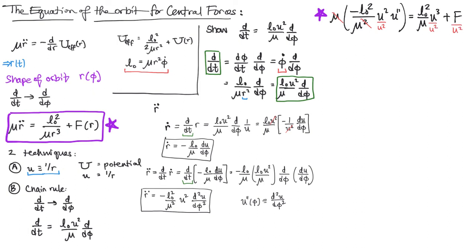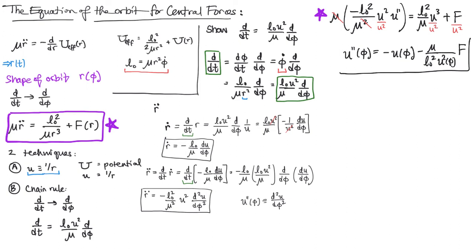And we can divide through by those constants as well. So at the end of the day, we'll have u double prime is given by minus u of phi minus mu over L naught squared u squared with an F in the numerator.